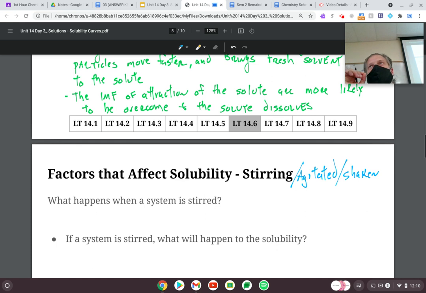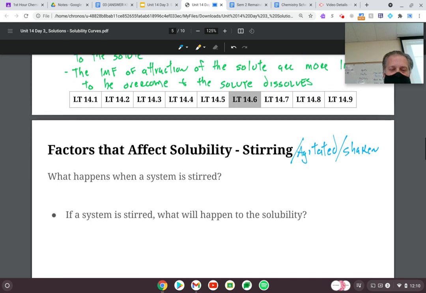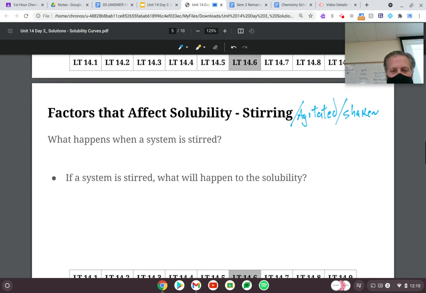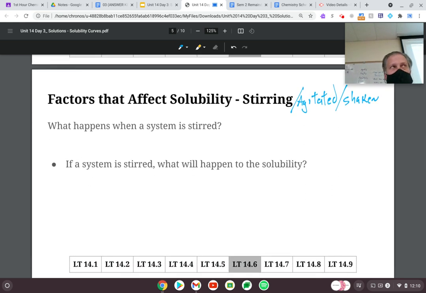The particles of the solvent are forced to move, and when they're forced to move, fresh solvent comes in contact with the solute. That means that if we stir or agitate something, we will increase the solubility.